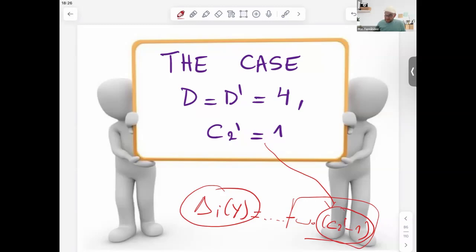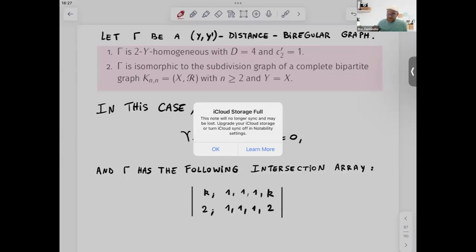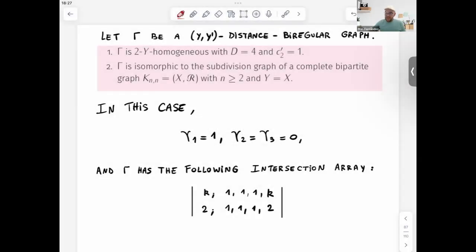And so in this case, we prove that a graph is 2-way homogeneous with d equal 4 and c2 prime equal to 1 if and only if it is the subdivision graph of a complete bipartite graph K_{n,n}. In this case, we can compute the scalars.